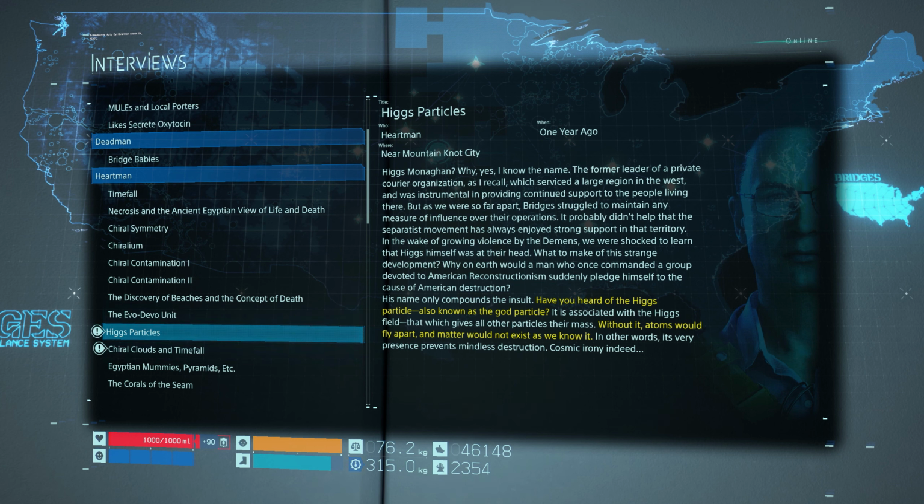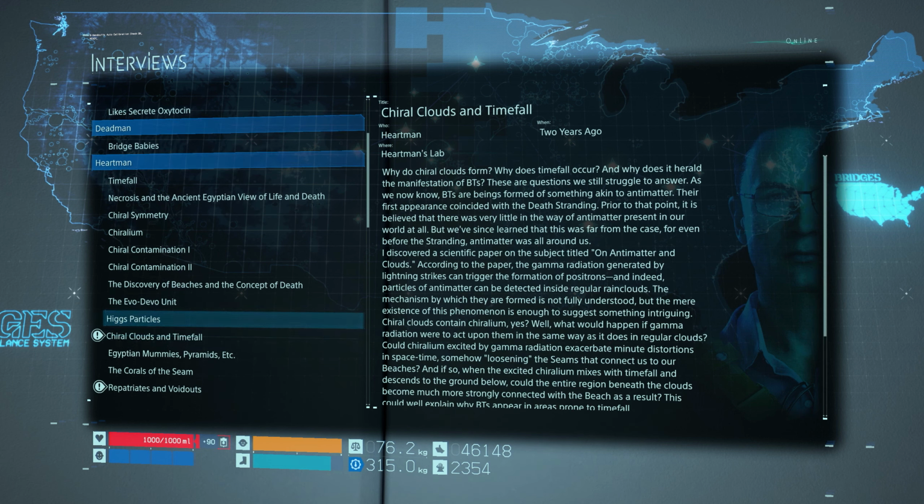Why on earth would a man who once commanded a group devoted to American Reconstructionism suddenly pledge himself to the cause of American destruction? His name only compounds the insult. Have you heard of the Higgs particle, also known as the God particle, by people who are not physicists, because physicists hate that? It's associated with the Higgs field, which gives all other particles their mass. Without it, atoms would fly apart and matter would not exist as we know it. In other words, its very presence prevents mindless destruction. Cosmic irony indeed.